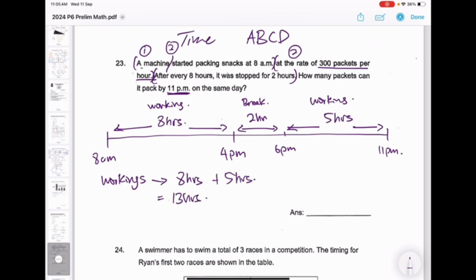To find the number of packets that it can pack, we take our 13 working hours and multiply by 300 because the rate is 300 packets per hour. And that would simply give me 3,900. And that is your answer for question number 23.